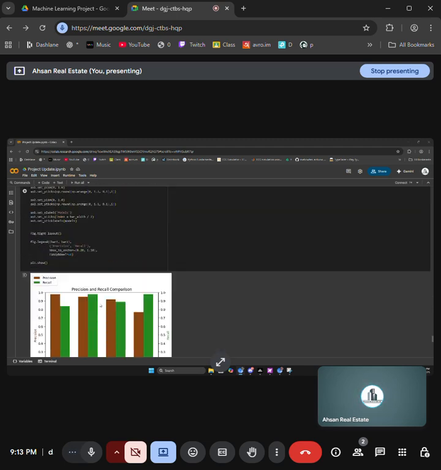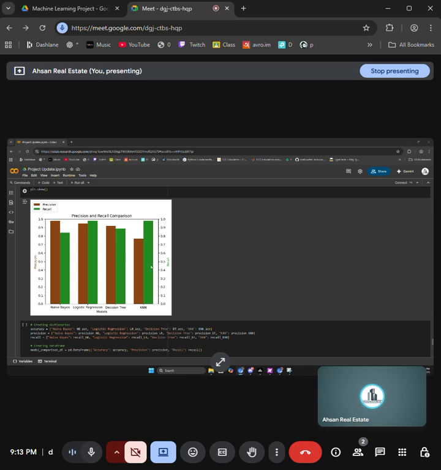Lastly we compared the recall and precision values. Naive Bayes has the highest precision but not the highest recall, while KNN has a high recall, similar to logistic regression, but the decision tree has lower precision and recall.